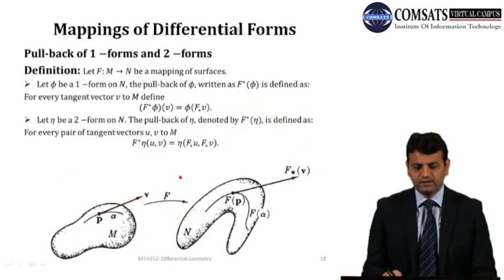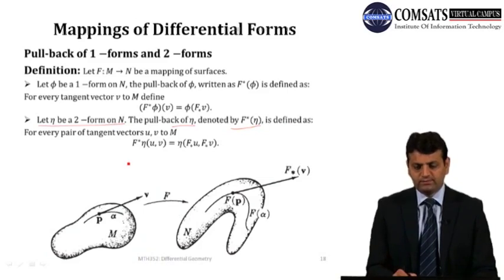Similarly, we can define a pullback of a two form. So how to define pullback of a two form? Given any two form on n, the pullback of eta, which is the two form, denoted by f upper star eta, is defined in the following way.